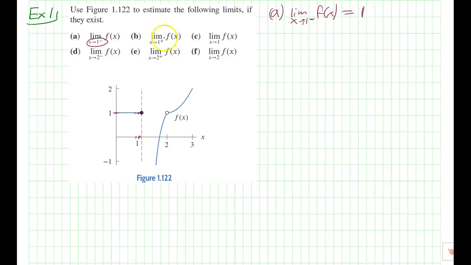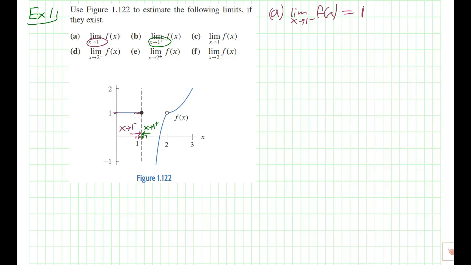Alright, then how about from the right? As x approaches 1 from the right, that means numbers like 1.2, 1.1, 1.01, getting really close that way is x approaching 1 from the positive side. Going the other way was x approaching 1 from the negative side.